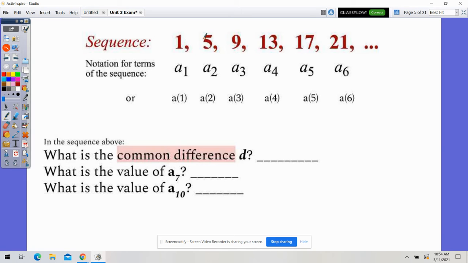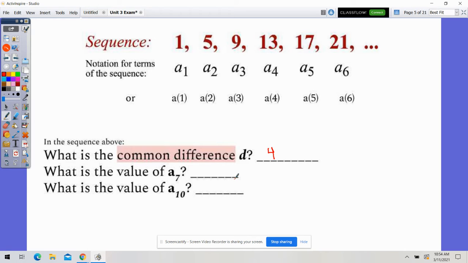So it goes from 1 to 5, from 5 to 9, and from 9 to 13. So I know if I subtract one term from the other, 5 minus 1 would give me 4. So I know I'm adding 4 to get from one term to the next. So our common difference here is 4.